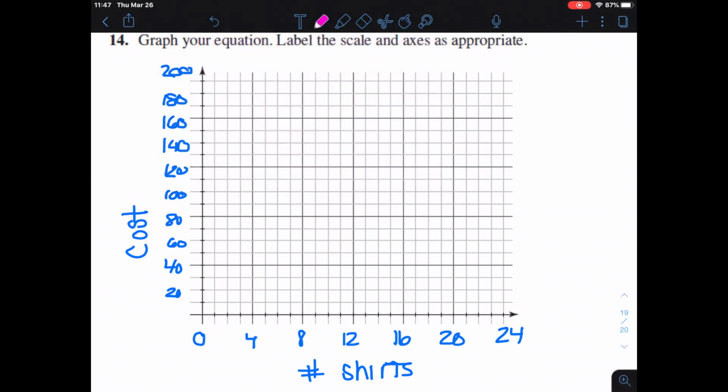So filling in what we know, 0 shirts is $28. Since each one's 10, it's close to the $30 mark. When we sell 20 shirts, the price is $188. So that will be a little after the 180 mark, close to the 190. And our line connects these two. So that is the graph of our line.